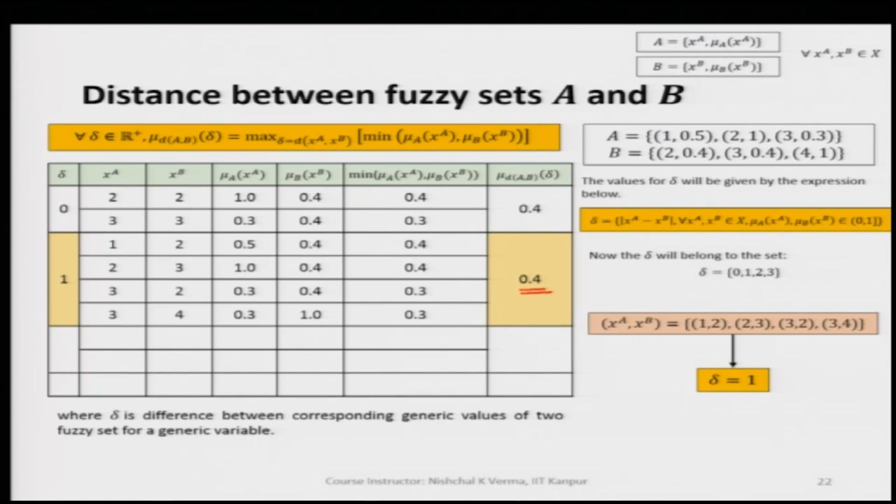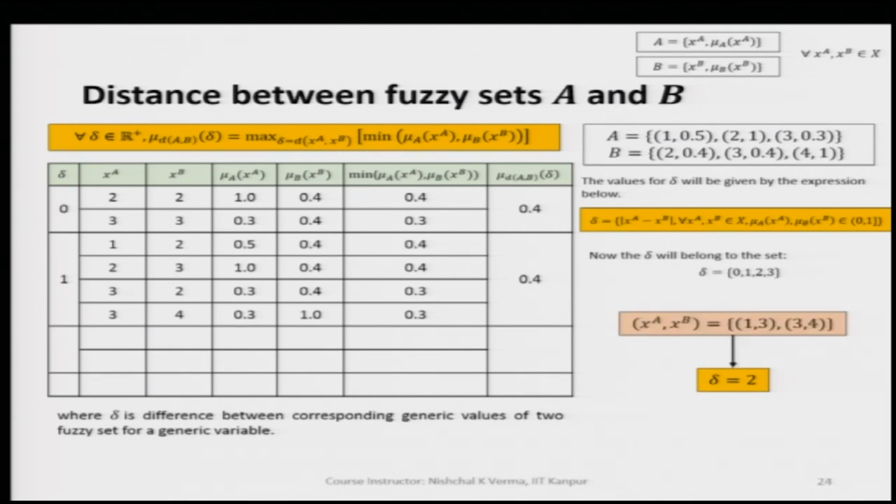So, that is how for delta is equal to 1 we have entered all the corresponding values. Now, we will check for delta is equal to 2. Let us see how many such pairs we are getting for which delta is equal to 2.